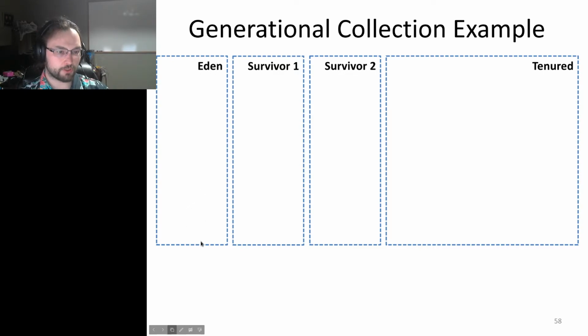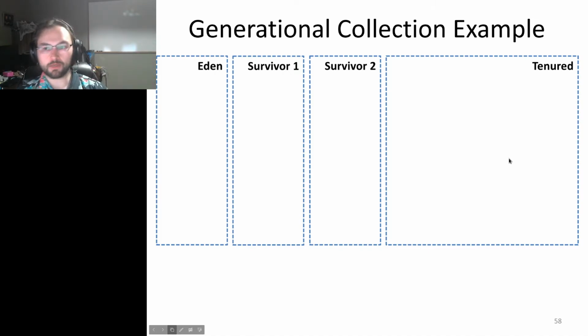If an object survives a collection in Eden, it'll end up in one of these two survivor sections. We'll use these two survivor sections as a traditional copying collector, but if an object survives in the survivor sections for a couple of collections, it gets promoted to tenured. Once it's in tenured, we don't look at it for as long as we can get away with it.